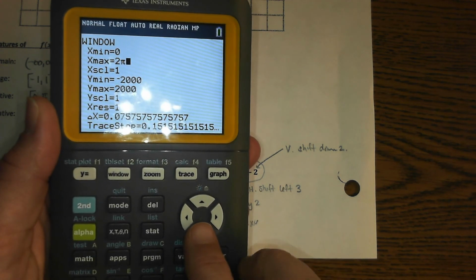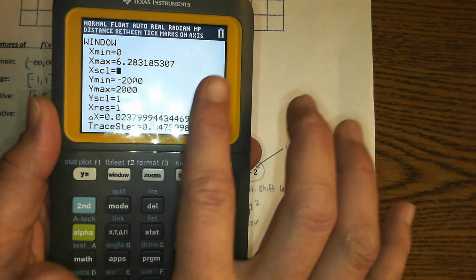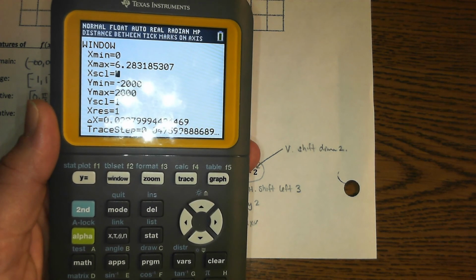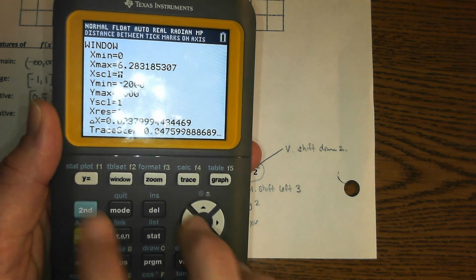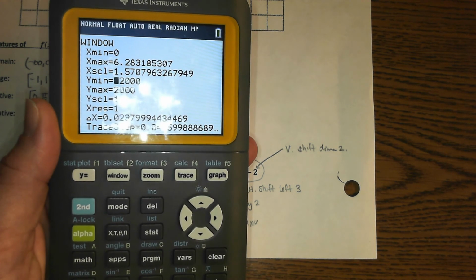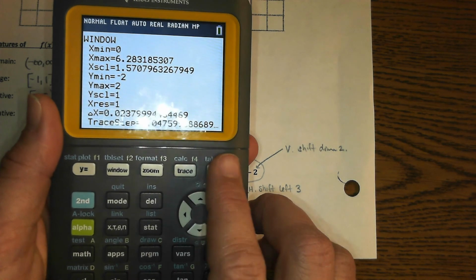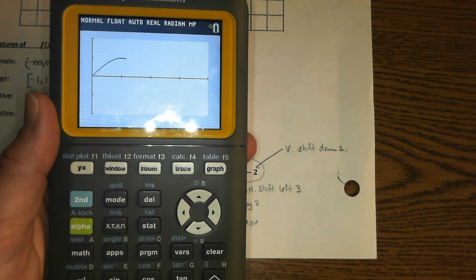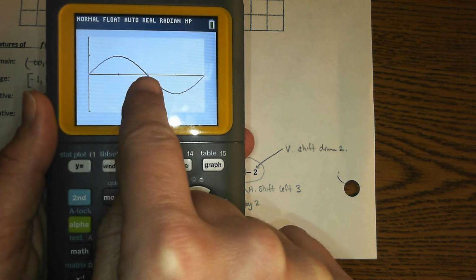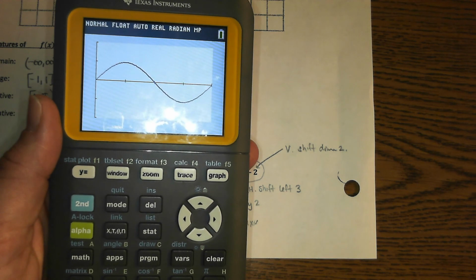When I scroll off of it, watch what happens to the 2 pi. It becomes the decimal version, but that's fine. And I also suggest you don't count by ones. Count by pi over 2. And then your y min to your y max, I'm just going to do -2 to 2 and watch the graph of your sine curve show up. And you see, because I counted by pi's over 2, it kind of jives with my quadrants better that way.